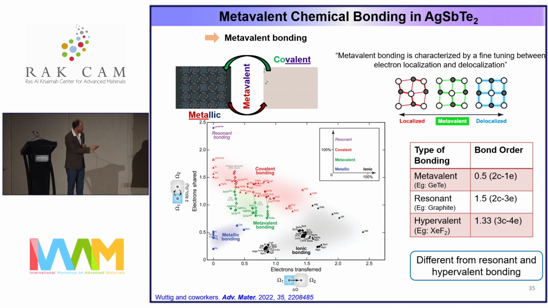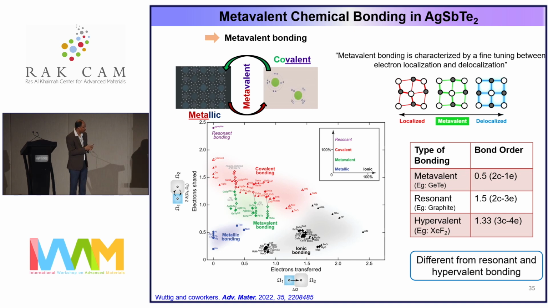For 2 electrons shared, the strongest covalent bond is diamond, whereas for electrons transferred, it is the ionic compound. But surprisingly, this AgSbTe2 or other important thermoelectric solids sit where the electrons shared is 1. These are called metavalent bonding, because antimony and tellurium have basically 6 electrons, but they are forming octahedral coordination, so we are short of electrons. That's why 1 electron is shared, so they termed it metavalent bonding.